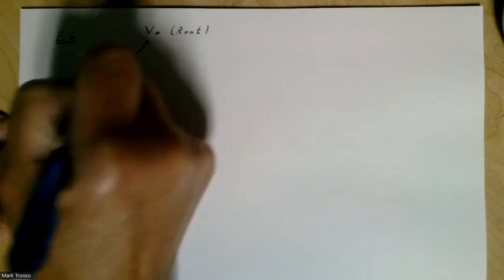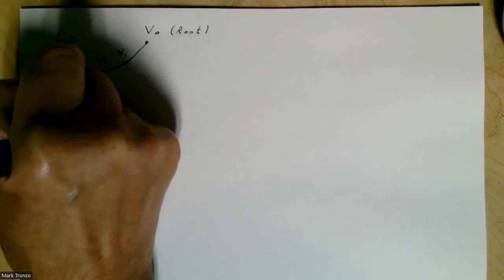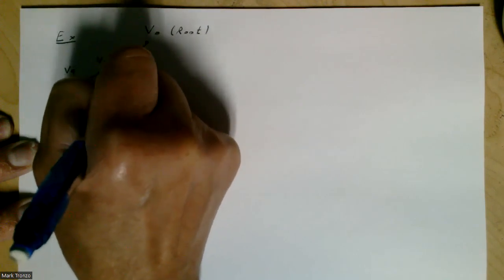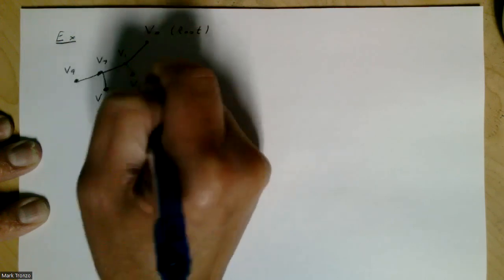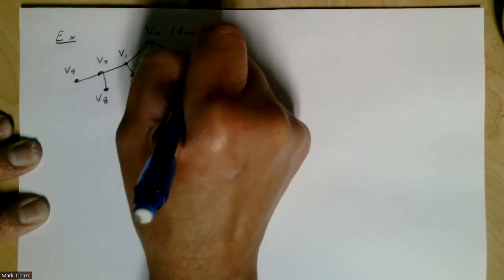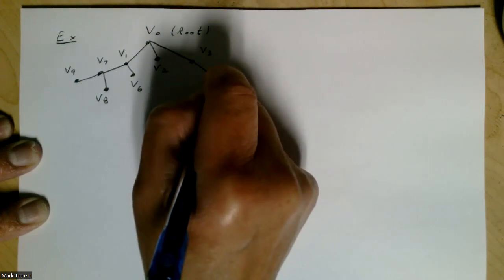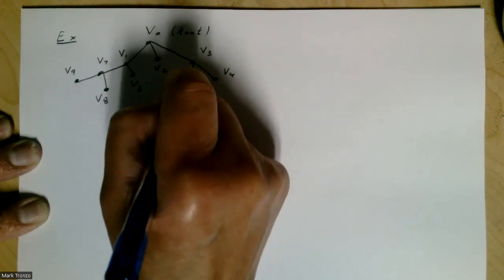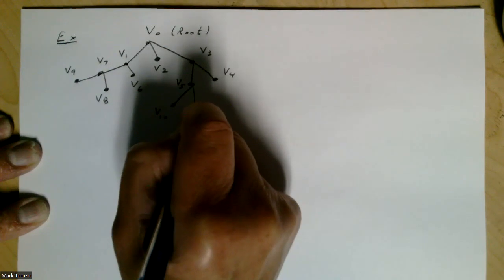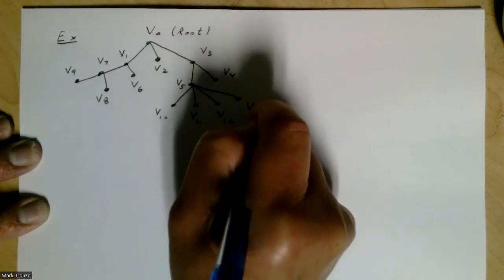Say we have V1, V7, V9, V8, V6, V2, V3, V4, V5, V10, V11, V12, V13.